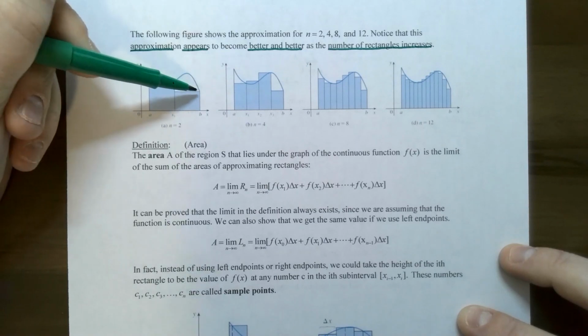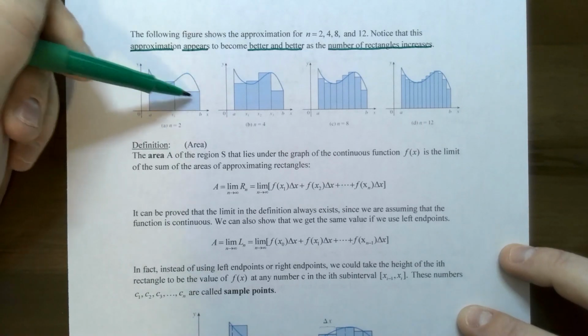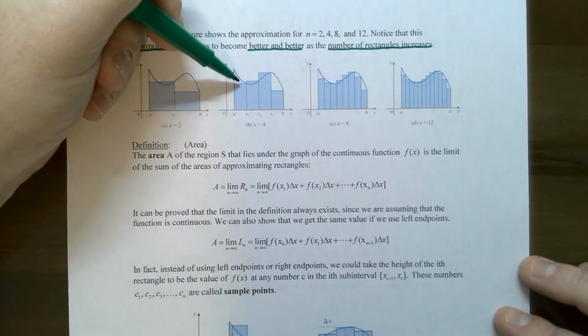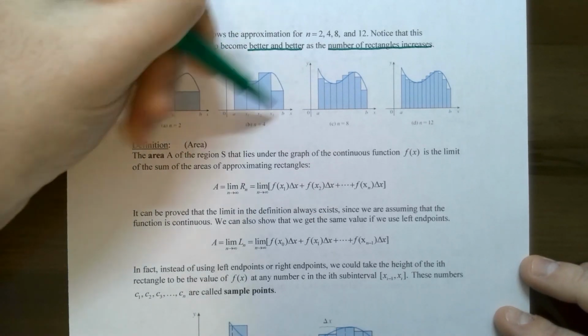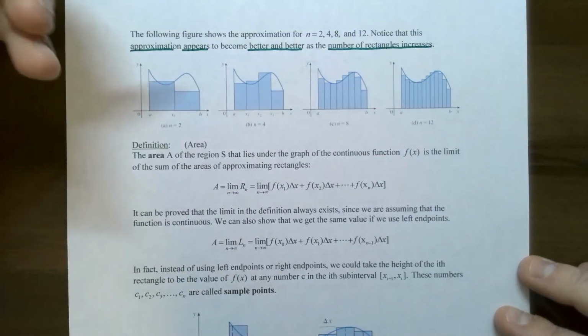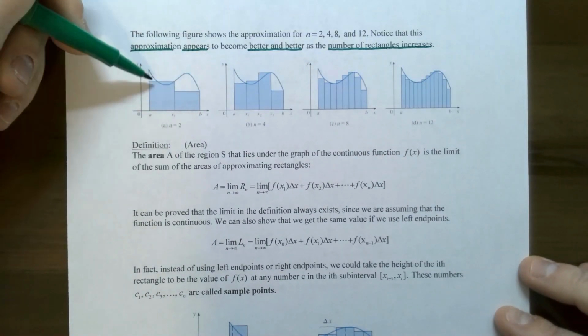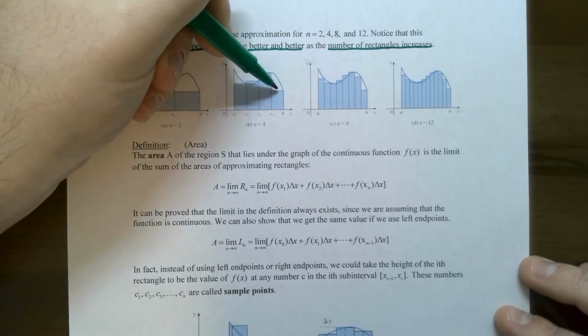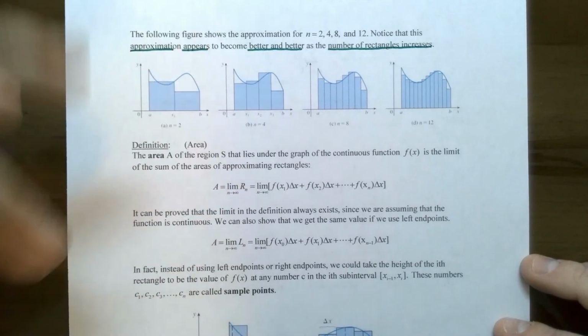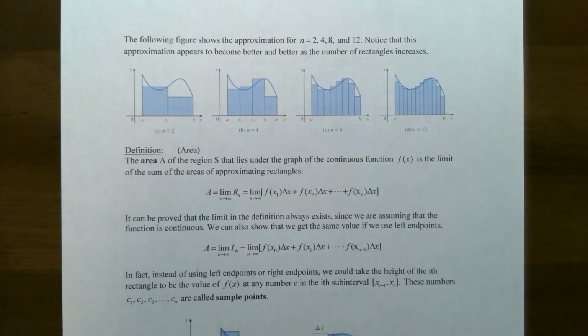And then the second rectangle is completely below the curve, so it's an underestimate. But then as you increase the number of rectangles, your approximation becomes better. So 4 rectangles, 8 rectangles, and then even 12 rectangles. You're trying to minimize this white region, this region that is not being counted for, but it is under the curve, so it actually is part of the actual area.